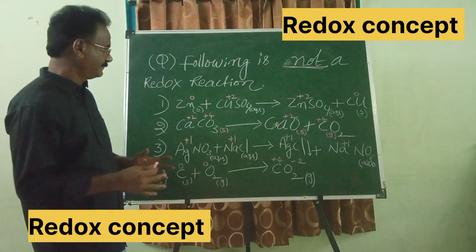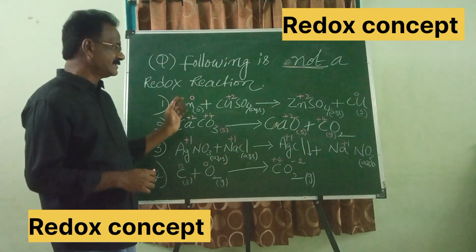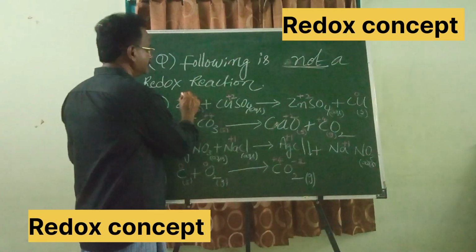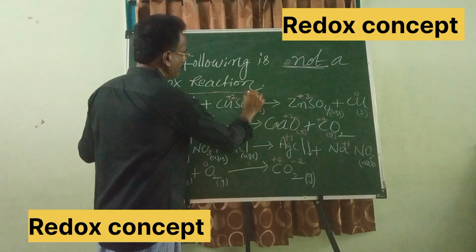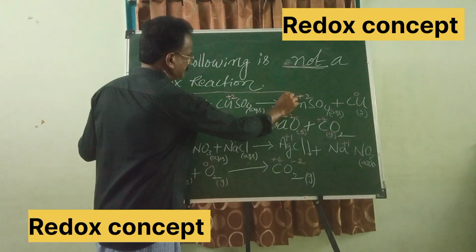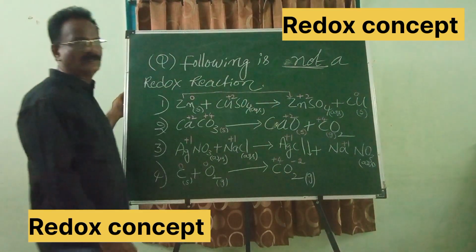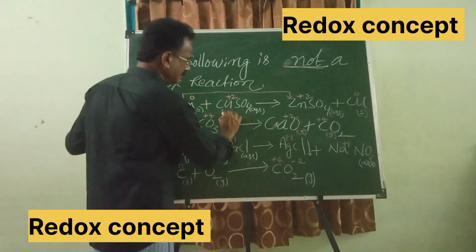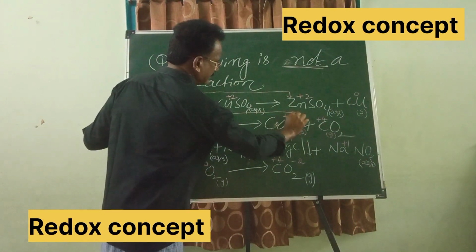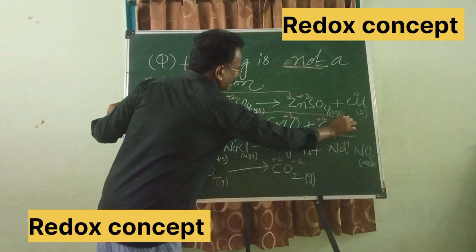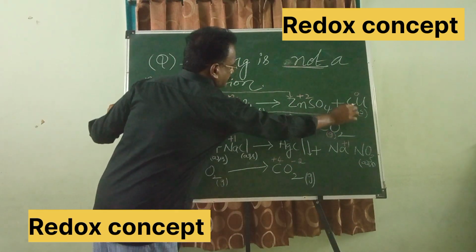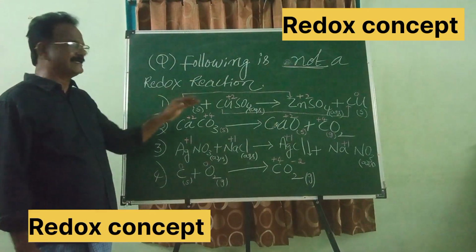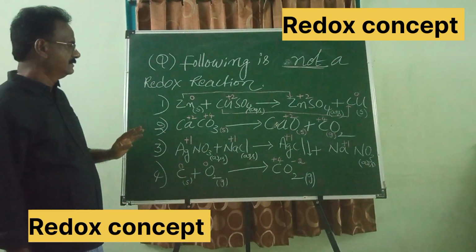Here, in the first reaction, the oxidation state of zinc changes from 0 to +2. Just like that, the oxidation state of copper changes from +2 to 0. So this is a redox reaction.